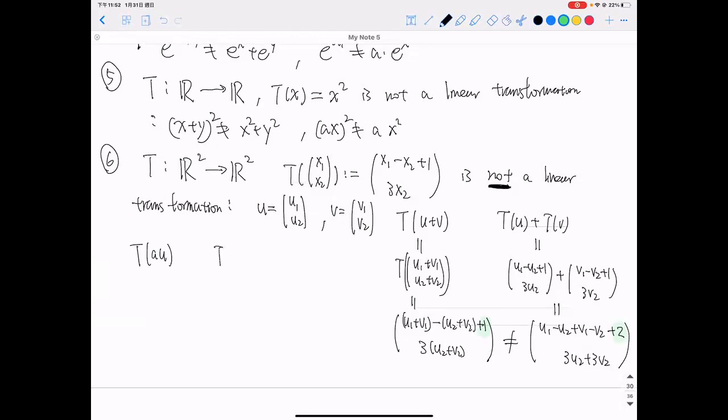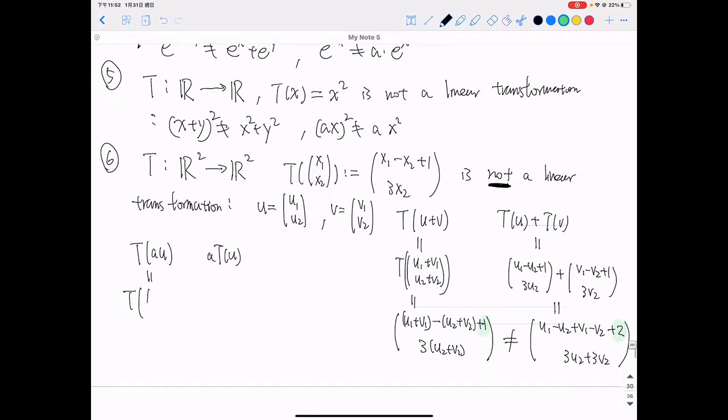For that, we want to compare T of au and a times Tu. That's T of (au1, au2), which is (au1 minus au2 plus 1, 3au2).